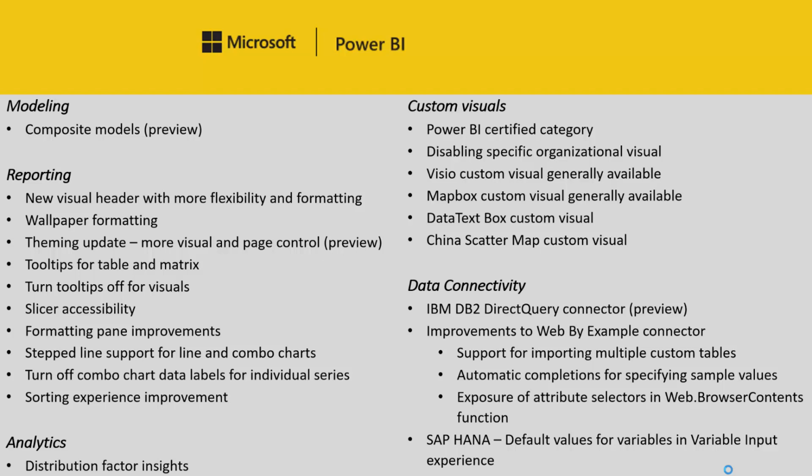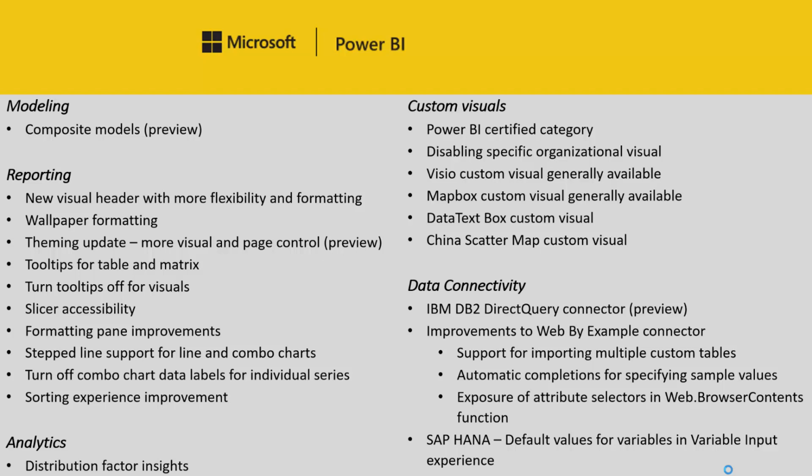This is going to be very similar to our add column from example experience. As you type examples of what you want, you're going to see different samples pop up and allow you to pick from the list of things that we have recognized and discovered for you, which will make the filling experience even faster. And lastly, you can now import data from attribute selectors by using the Web.BrowserContents function.